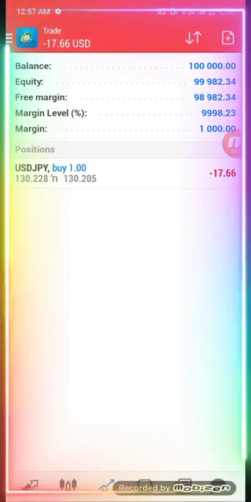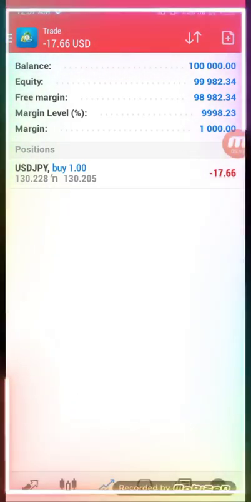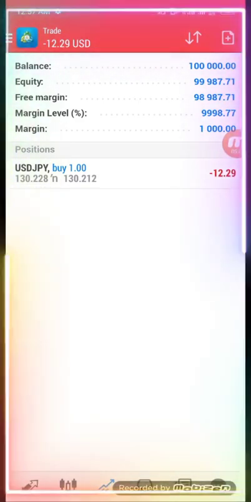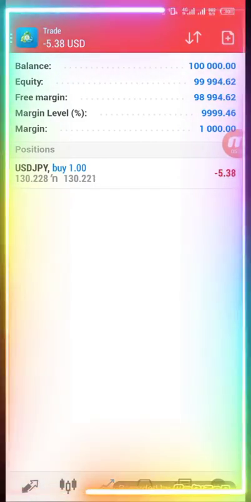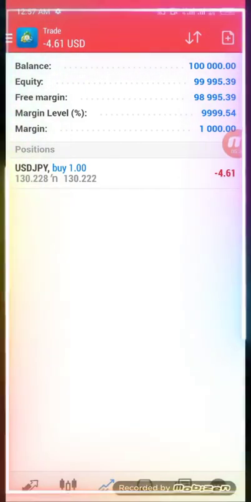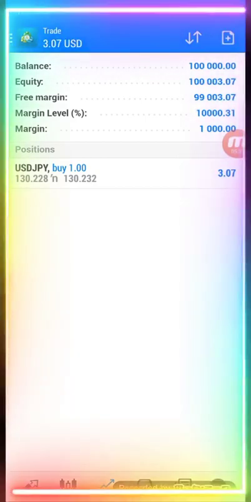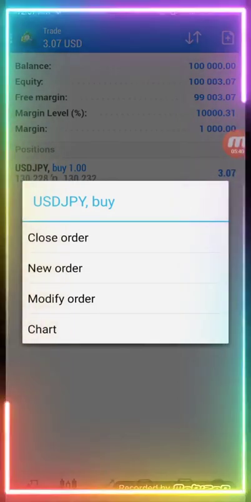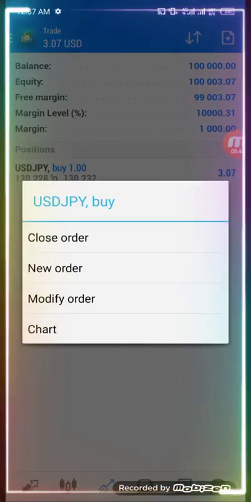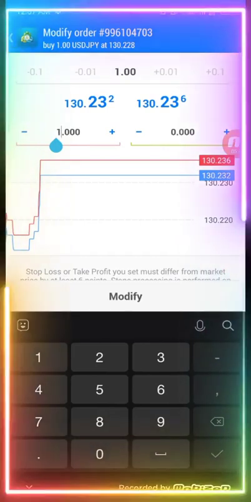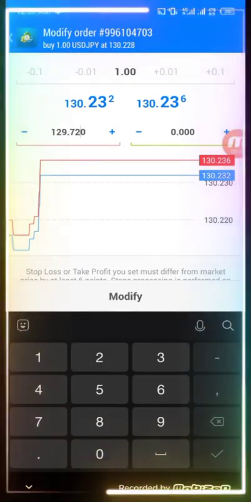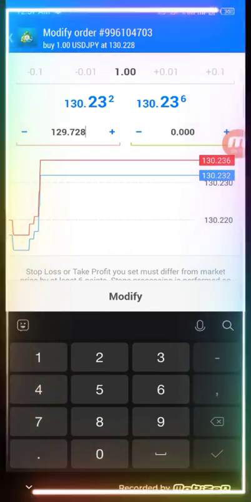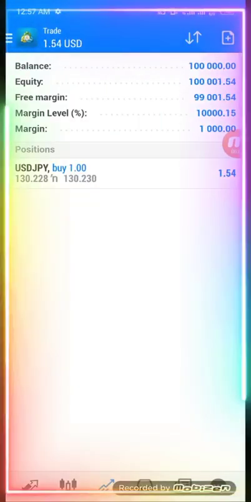So you subtract 0.500 from 130.228, which will be 129.728. I'll hard press on it, click modify and put my 129.728. The stop loss is usually on the left. So I'll click modify. Done.